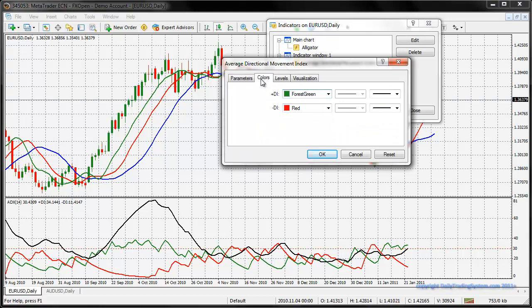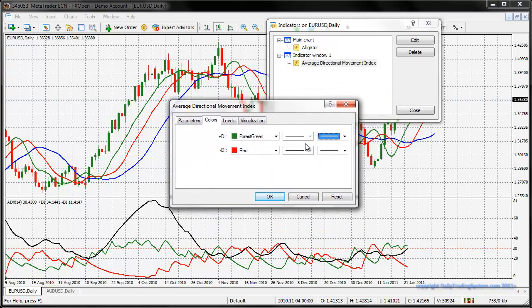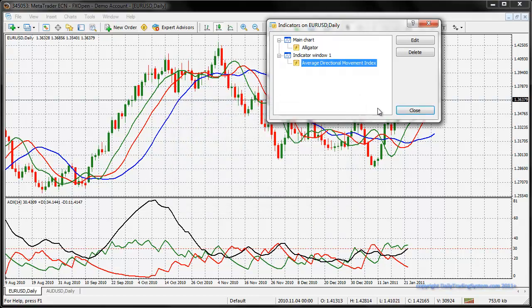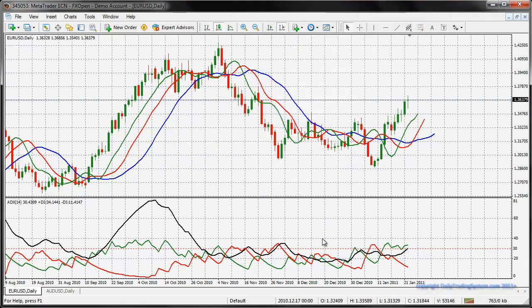Then here you've got your colors. You've got your positive DI, which is your positive directional index, and then you have your negative directional index, which I've colored in red. I've chosen the second color here, not just for everyone's ease, but for ease of viewing. I find it a lot better to put it on a darker thickness to help me spot these signals a little better.